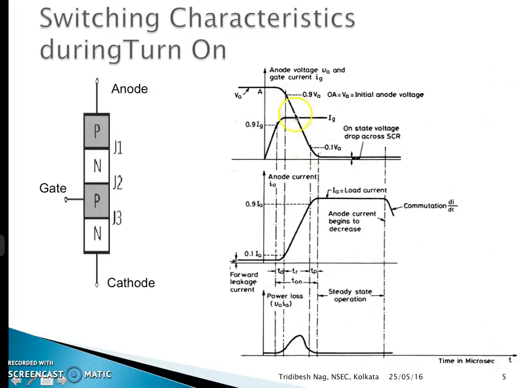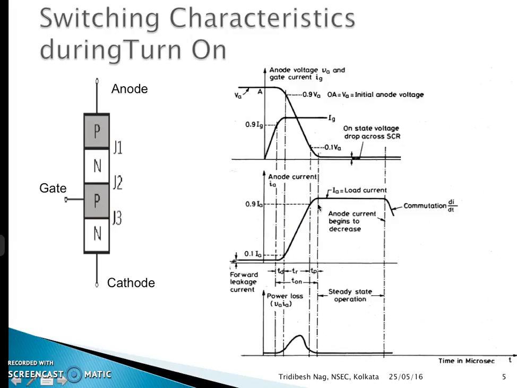And this part we can reduce this TR by applying a greater gate pulse. That is, the rise time is inversely proportional to the magnitude of the gate current and its build-up rate. As we increase the gate current, this phase gradually decreases.